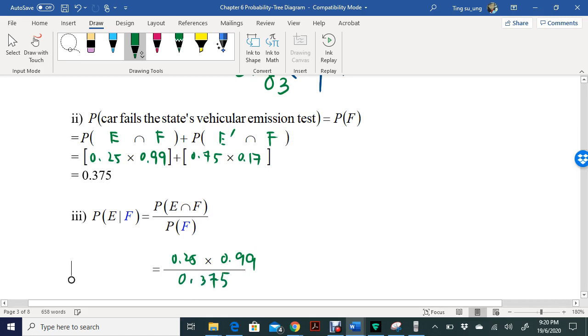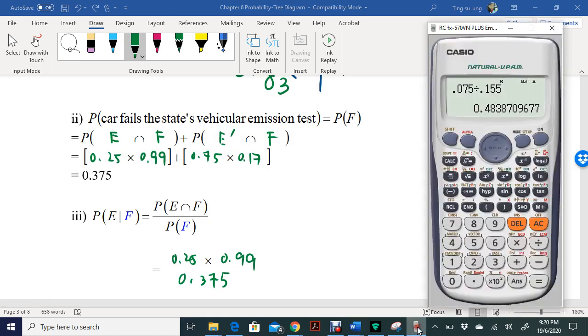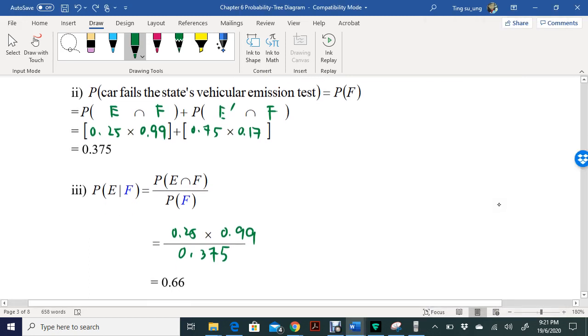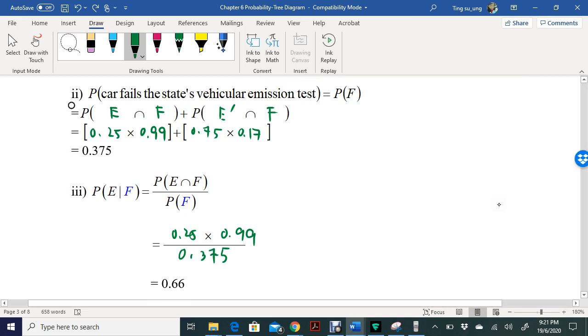You already found it, right? So just get your answer: 0.25 multiply 0.99, again divide by 0.375. So you have 0.66. So that's the full answer for this example.